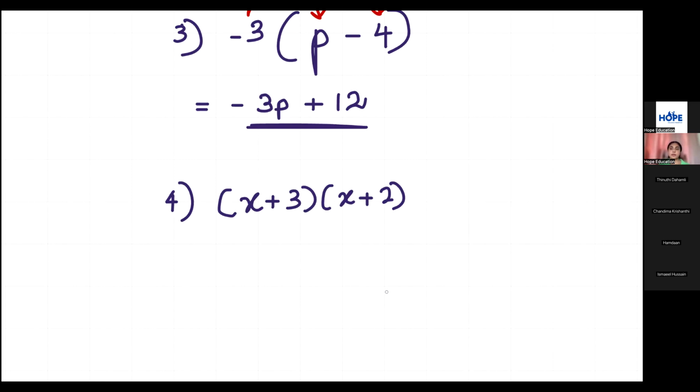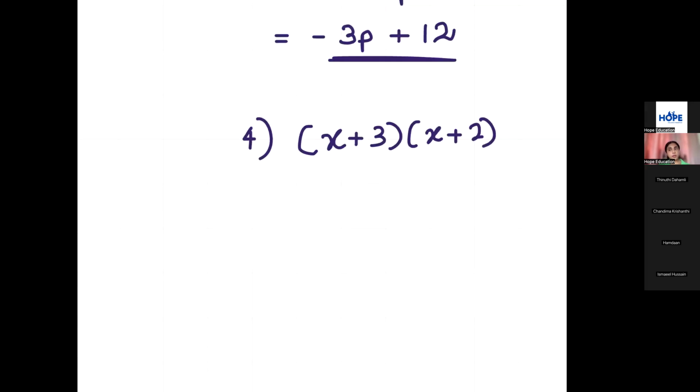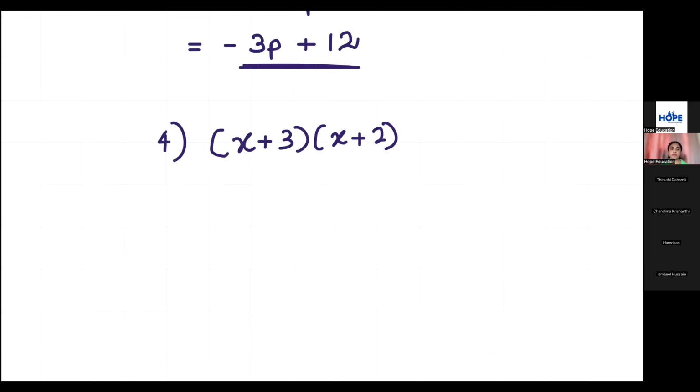Can you find the answer for me? You can let me know in the chat box or you can unmute and tell. X squared plus 5x plus 6. Okay, others?